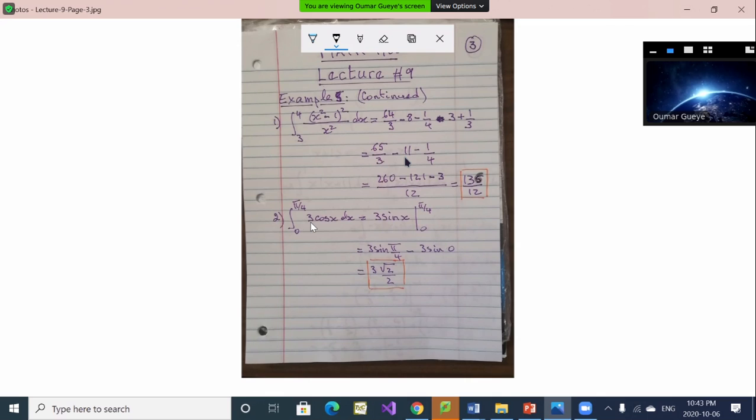That's exactly what the property says, the first one. So it's going to be 3 times, the antiderivative of cosine is sine, and you take it at pi over 4 and at 0, so you get this line. And sine of 0, as we know, is equal to 0. Sine of pi over 4 is equal to root 2 over 2. So the second term is already equal to 0.